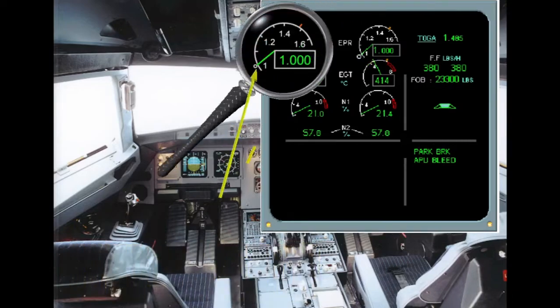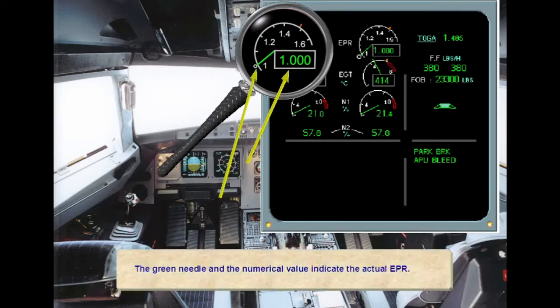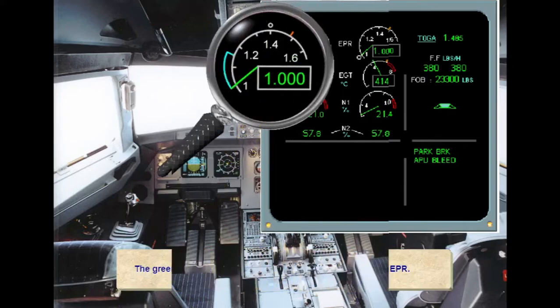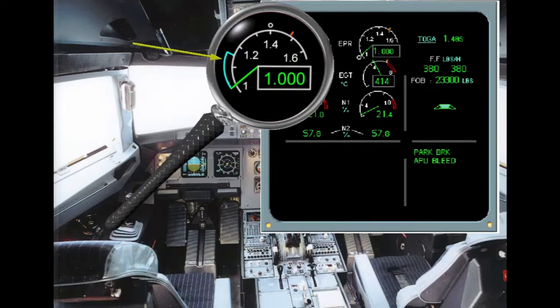The green needle and the numerical value indicate the actual EPR. The blue arc is the EPR command arc. It delineates the transient difference between actual EPR and command EPR, TLA or throttle lever angle. It is present only when the autothrottles are connected.